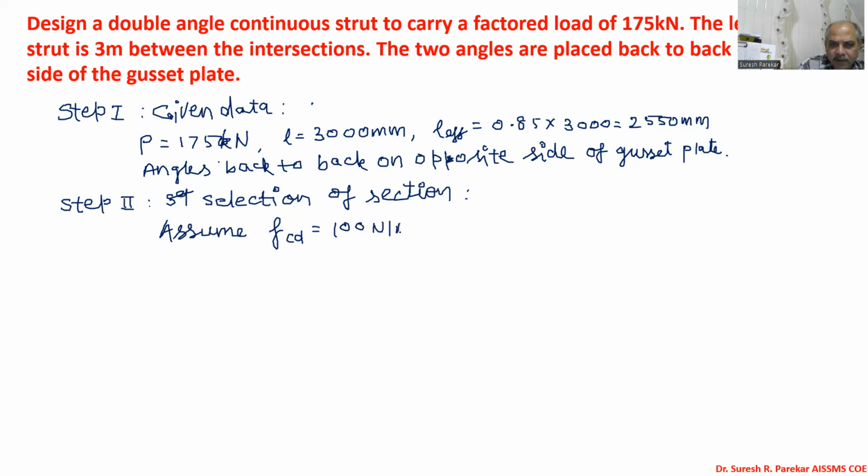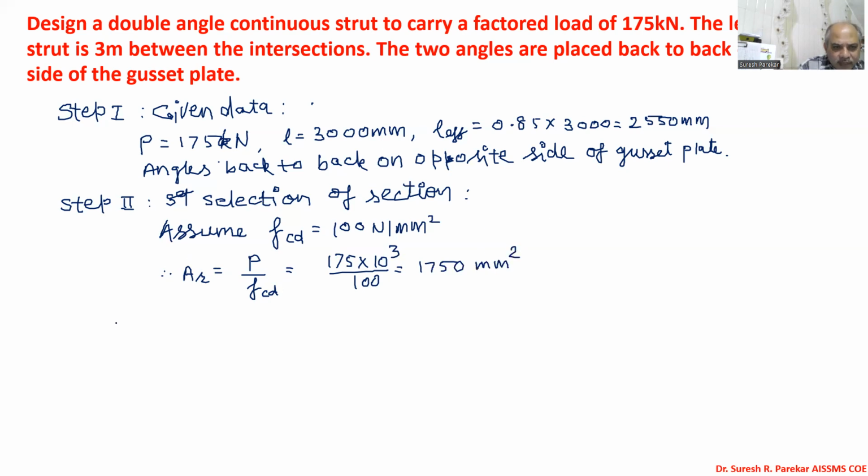Generally for double angle we can go with 100. Therefore area required is P divided by FCD, 175 into 10 raised to 3 divided by 100, and from this we will get 1750 mm square.